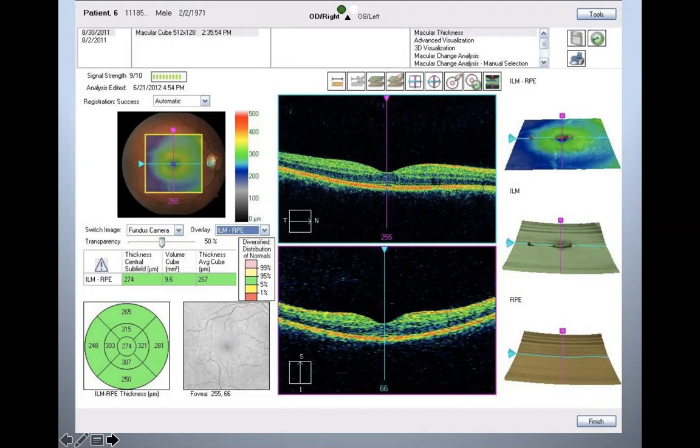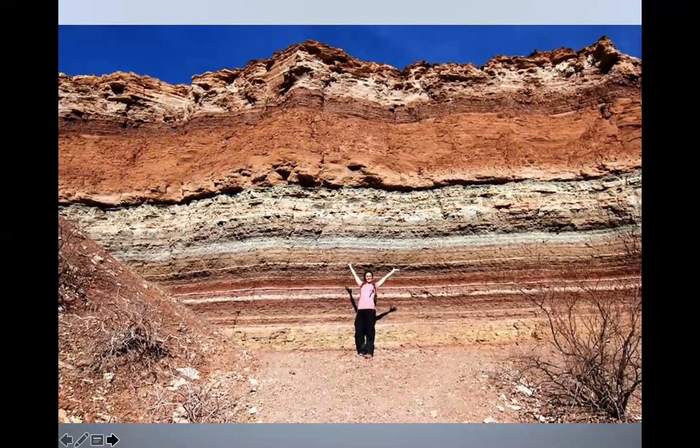So OCT gives us this tomographic slice of the retina, sort of a biopsy without surgery, if you will. We can see all the different layers of the retina from the top ILM all the way down to the retinal pigment epithelium, and even past that into the choriocapillaris, and sometimes even into the choroid. Now, this is like looking at a slice of a hillside.